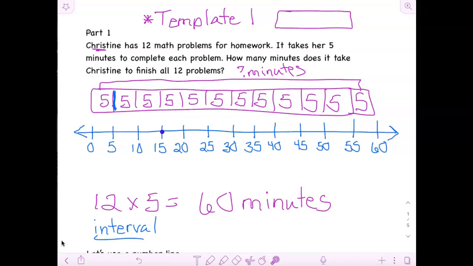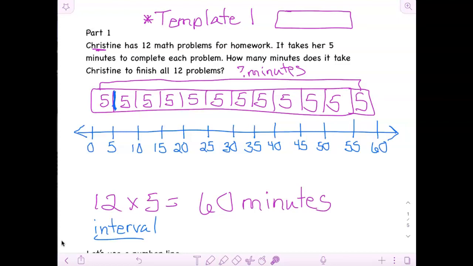So from 15 to 60 is 45 minutes. How about from 15 to 30? How many minutes is that? Well, let's start at 15 and count by 5s. 5, 10, 15. So we have 15 minutes from 15 to 30.